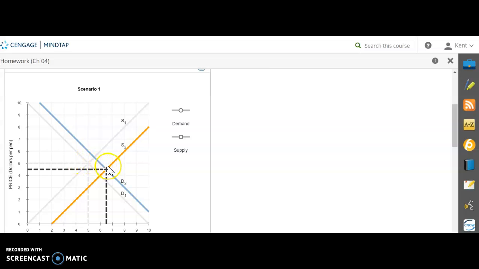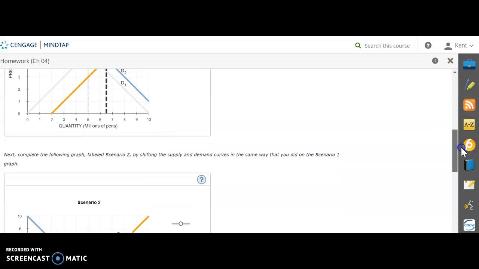So which way price goes depends on which curve shifts the most. And in this case, supply shifts the further out. You can see the supply curve is a bigger shift than the demand curve. Therefore, price goes the way the supply curve would have it go, and we see the net result here is this equilibrium here, and the price falls.